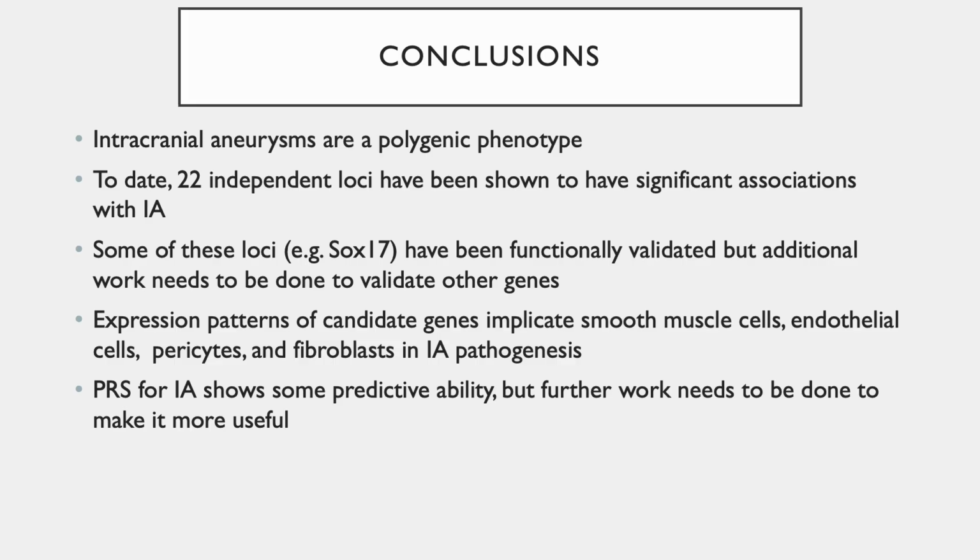In particular, GWASs will likely get larger over time, and GWASs will include rarer and rarer variants. So hopefully over time, these polygenic risk scores, in combination with known risk factors, can give us a real sense of who might be at risk for developing intracranial aneurysms.